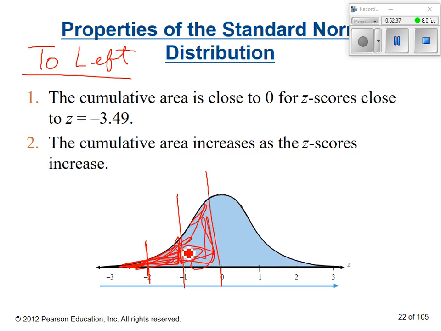And if we're talking about all the area below 0, what percent of the area are we dealing with? 50% of it. If I go to here, now we're talking about all the area from 1 standard deviation above the mean down. So we're always going to the left, and that's what this chart does. This chart tells you the area from that z-score to the left.